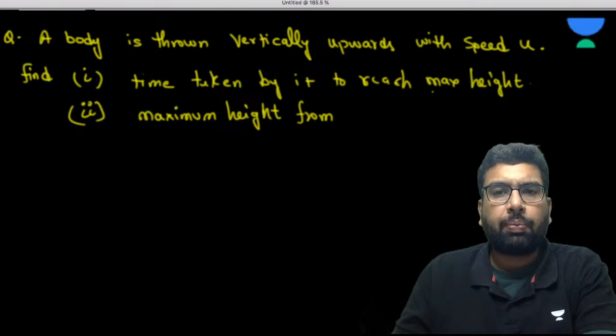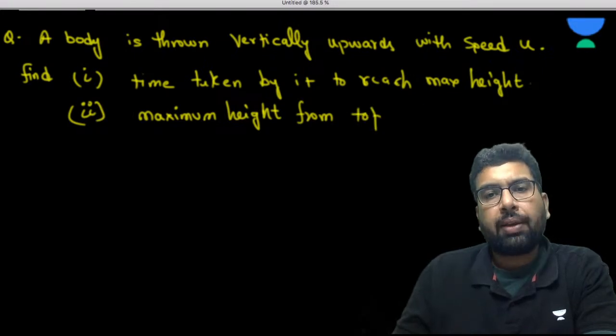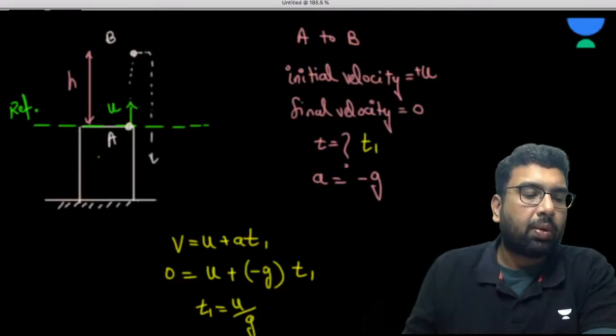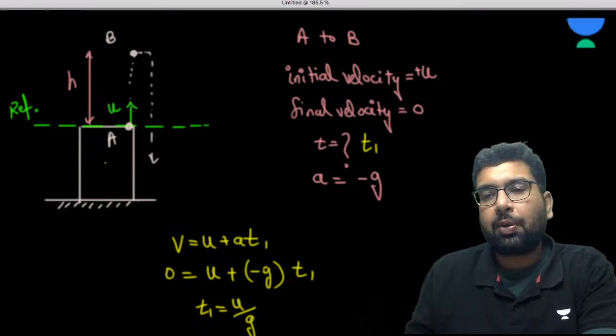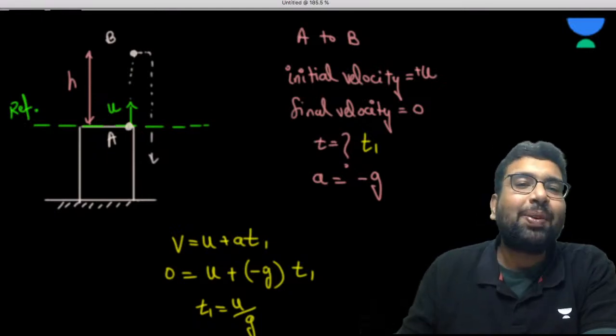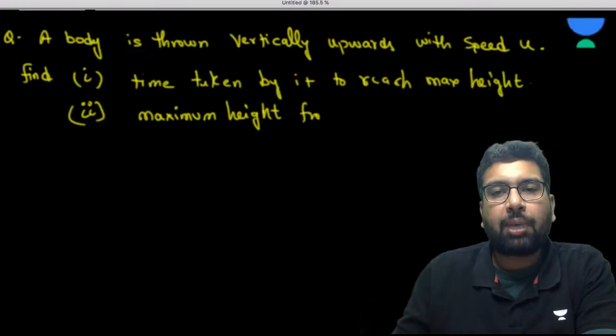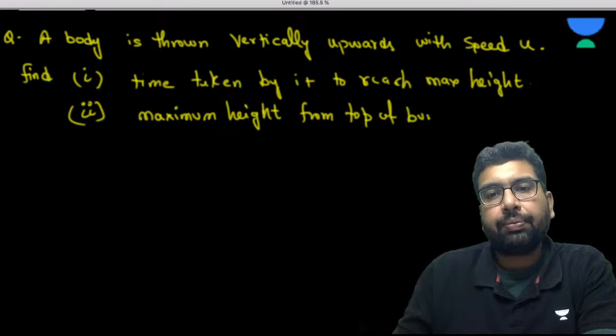Okay, no problem. So from top of the building, or let's write the maximum height. Let's say this is the ground only. I have taken the top of the building. I don't know why. Let's suppose this is your ground here. Or maximum height from top of the building.